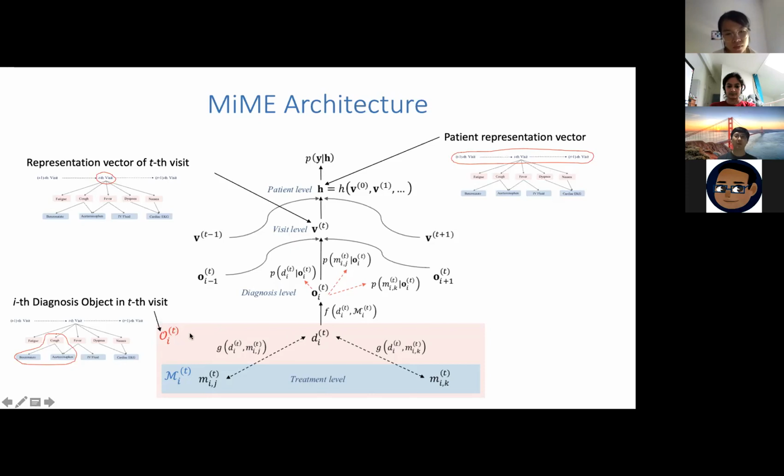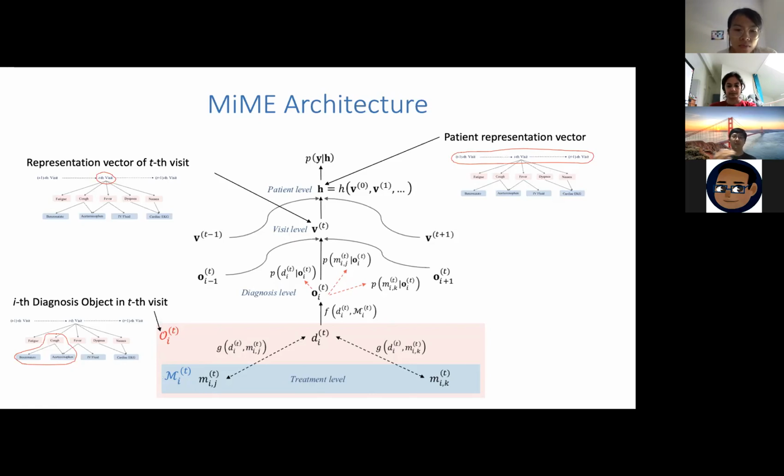So there is this red box here. It's a bit hierarchical. Then we try to derive the representation of the diagnosis object. We use something called bilinear interaction to model the relationship between the diagnosis and its relevant treatments.